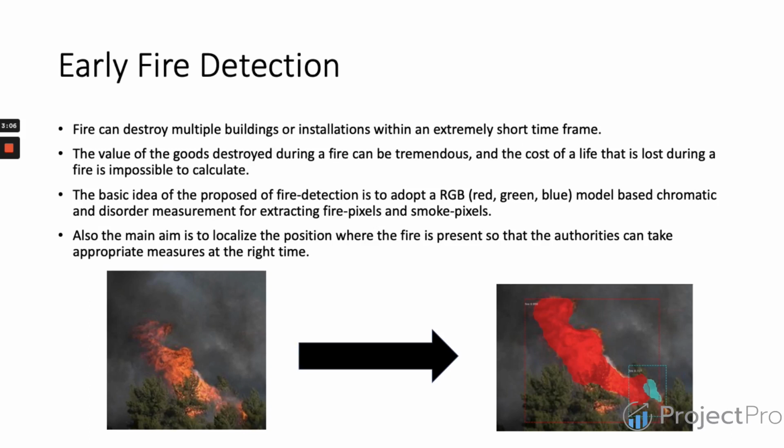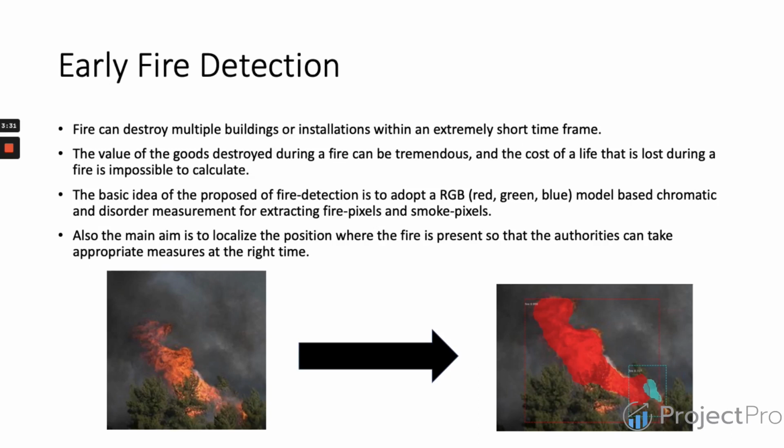If we know where the fire is, if we detect any kind of fire early, we will be able to target it and take appropriate measures or send the proper authority at the right time, just to avoid the loss, to avoid the cost of life, and to avoid any kind of harm to any of the industries or to any kind of forest.